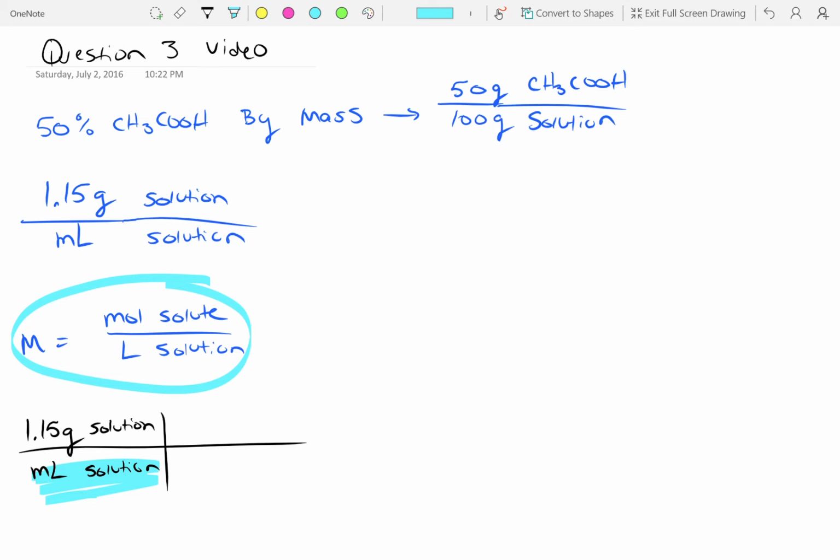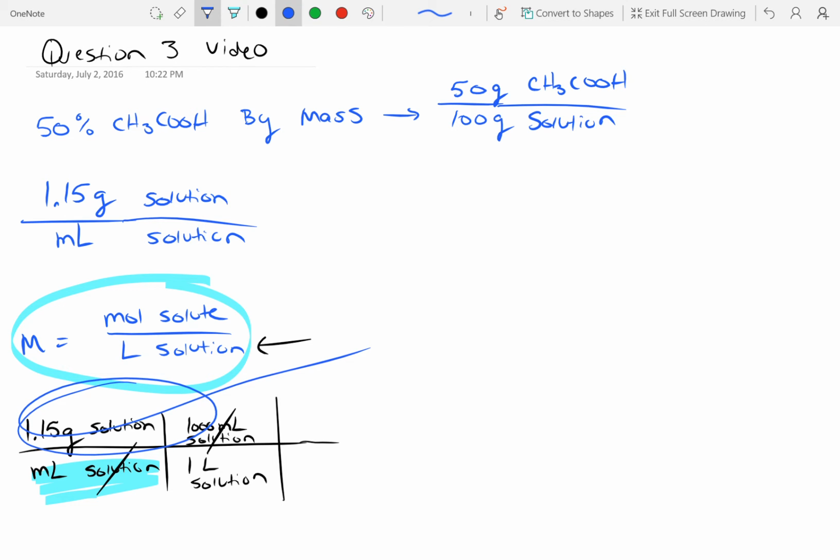That's pretty easy, because we're in solution for both of these. I know that 1,000 milliliters of solution makes up 1 liter of solution, so this and this cancel out. Right now I'm satisfied with this bottom part, so I'll leave it alone, but now I have to convert this part.